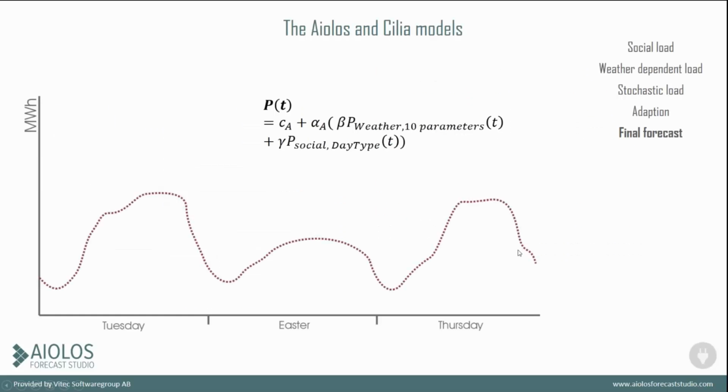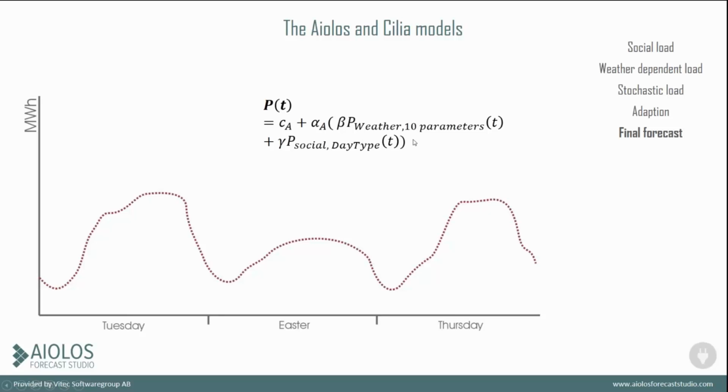So the final forecast for the models for output power would be: you have your adaptation, then you have your weather dependency, and we have our social dependency.